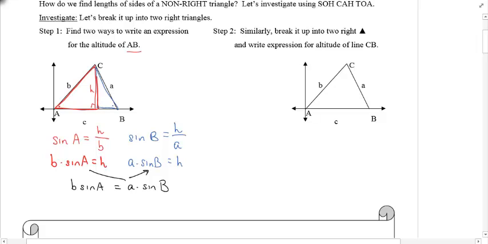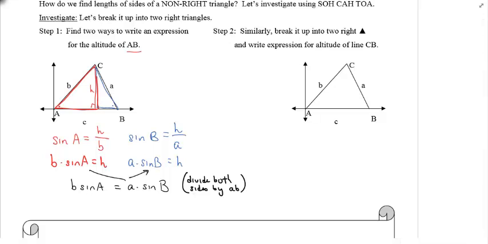Math people will do one tricky thing right now, which is to divide both sides by the side length of A times B. And they'll do that because of the following. Watch what happens if I now divide both of these by AB.